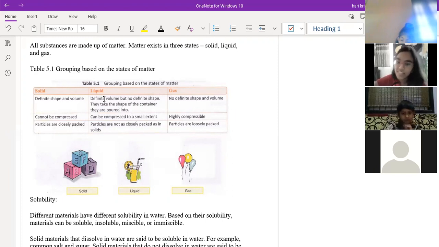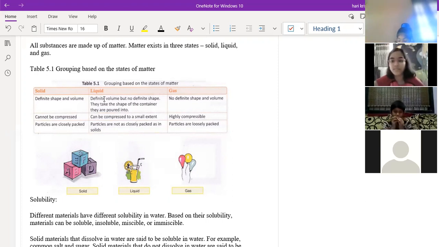Good. So solids are of two types: one is crystalline solid, the other is amorphous solid. A crystalline solid will not compress at all. It has a definite shape, a definite volume, and the particles are very tightly packed, so they will not compress.